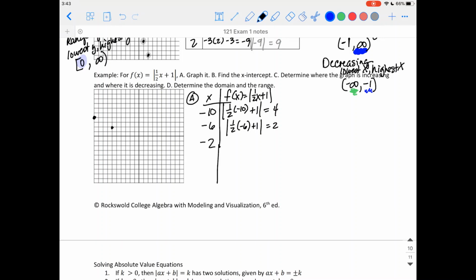And for -2, it's going to be half of -2, which is -1, plus 1 is 0, and the absolute value of 0 is 0. For 4, I'm going to take half of 4, which is 2, add 1, which is 3, and the absolute value of 3 is 3.